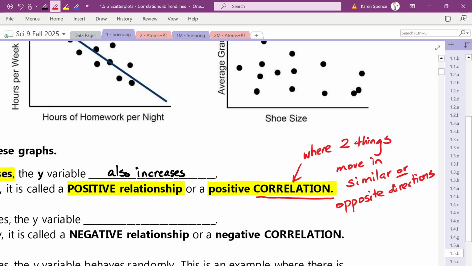So in a positive correlation, they are both moving in the same direction.